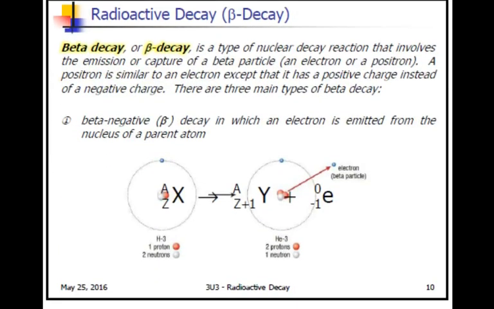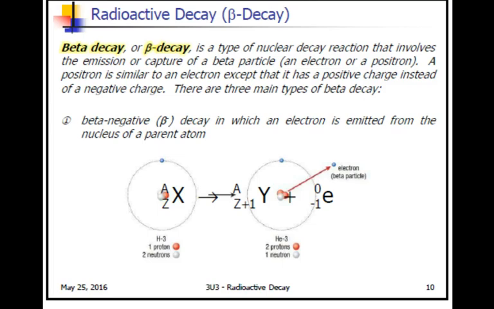Beta decay. If we look at beta decay, what we would see is that beta decay actually has a number of different forms, one of which involves the emission of an electron. So for our X there, A is its mass and Z is the number of protons it has.